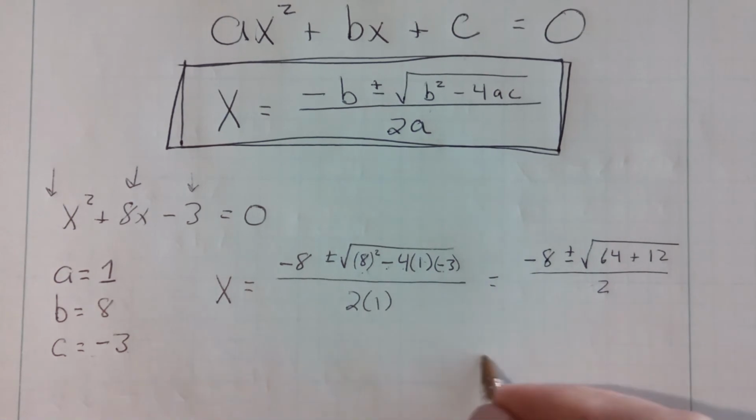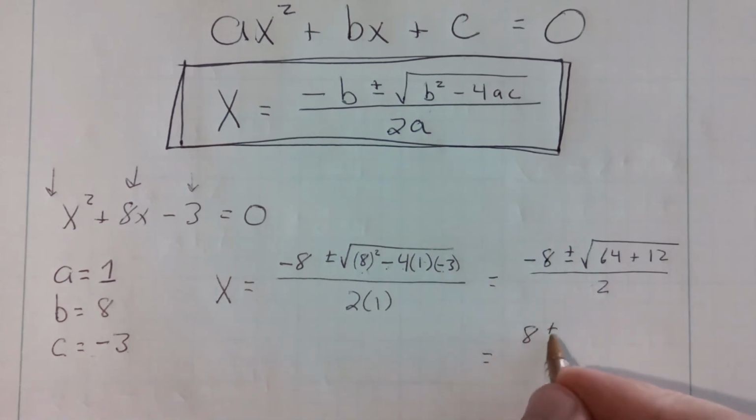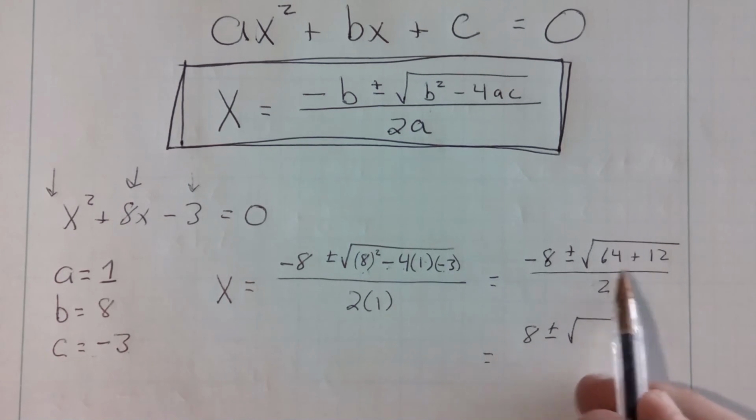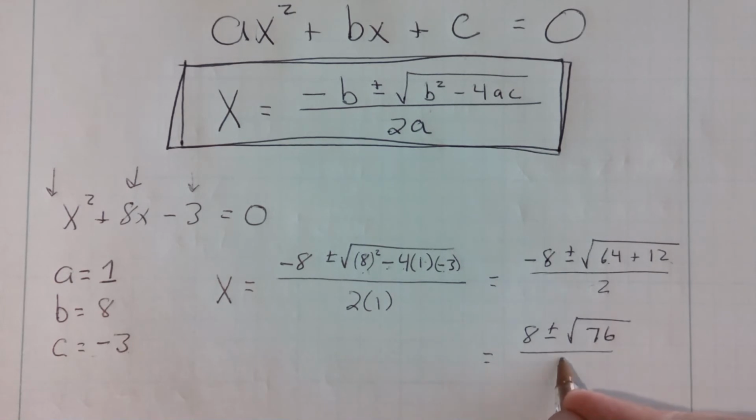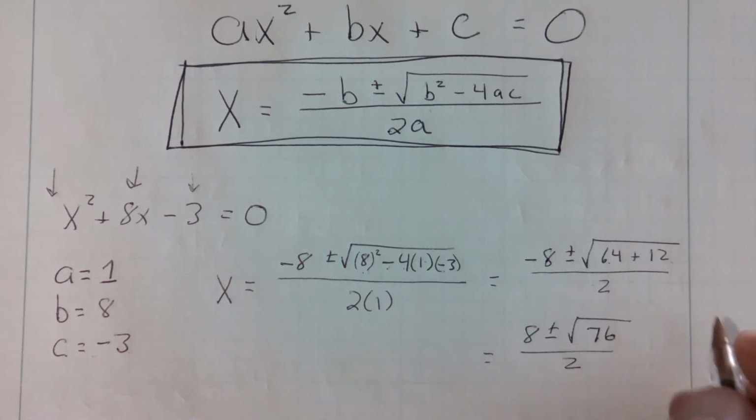Well, that's going to equal -8 plus or minus the square root. 64 plus 12 is going to be 76, all over 2. Now, 76, I believe, doesn't have any factors that can be square rooted. Let's see, 76, that's 2, that's going to be 3, and 8.